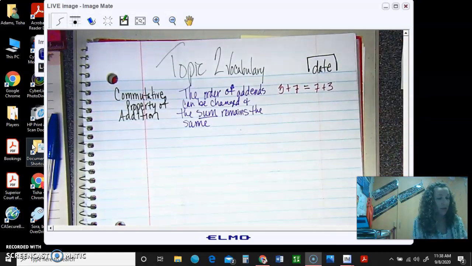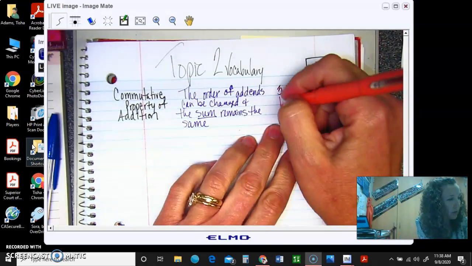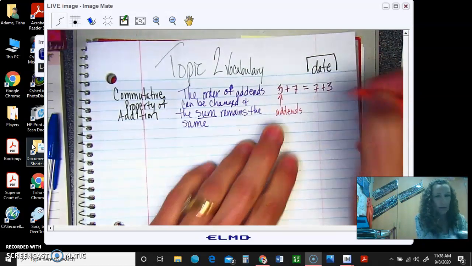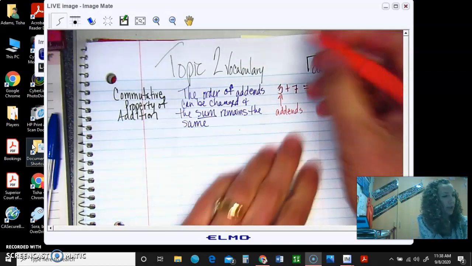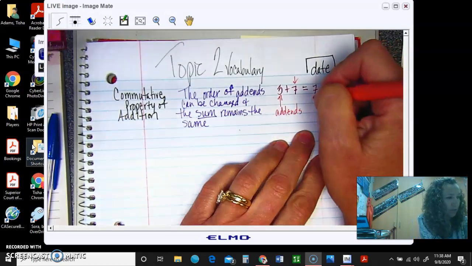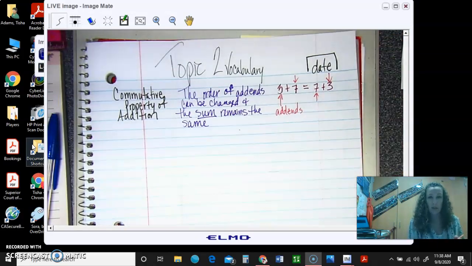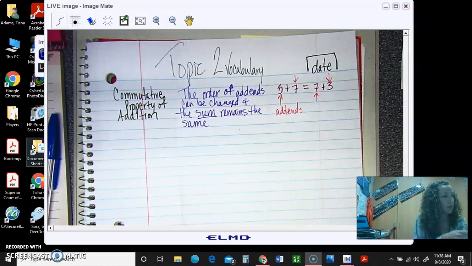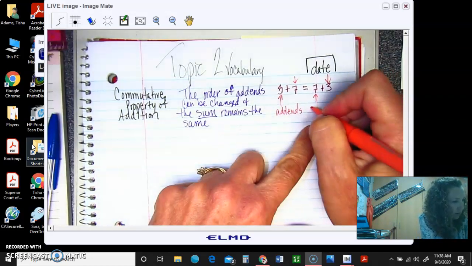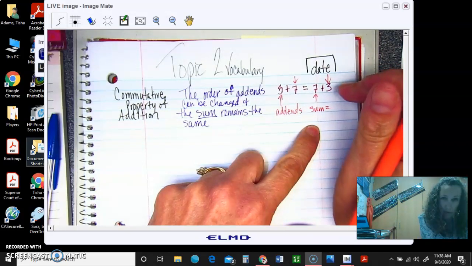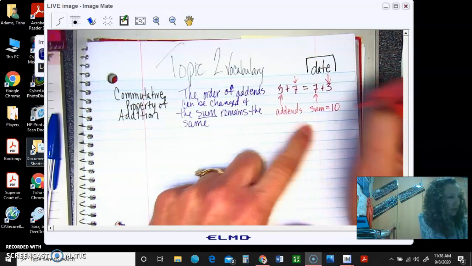So I'm going to label more vocabulary. These things are your addends, each individual one. It's the items, the digits that you are adding. And then your answer is your sum. So the sum for this particular example is 10.